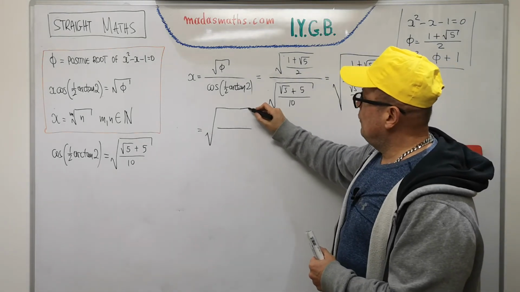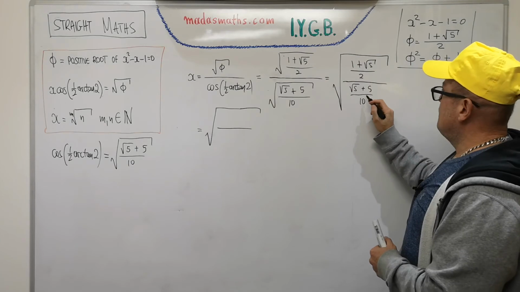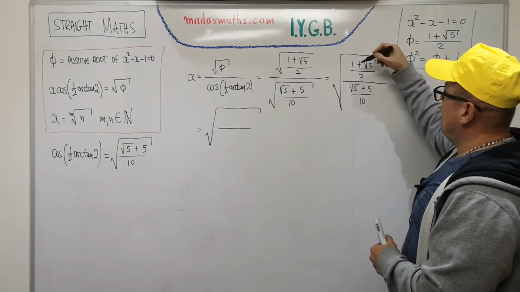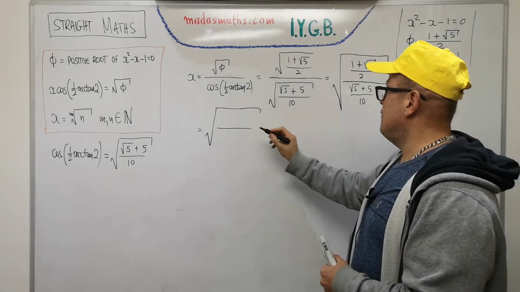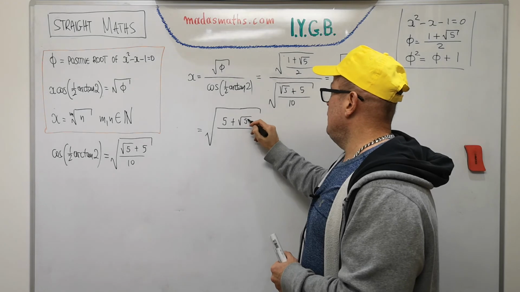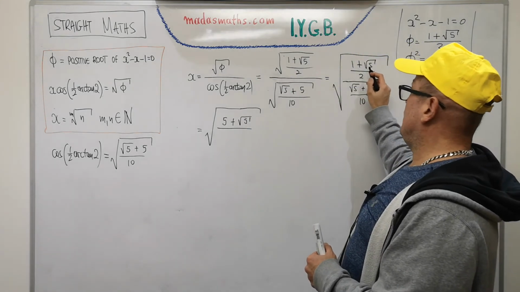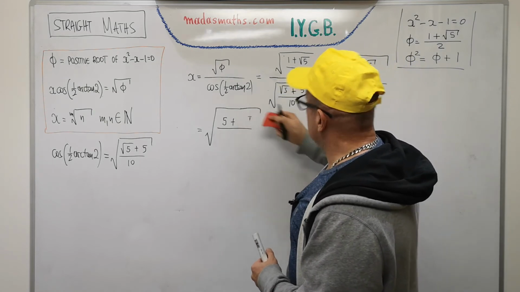But now inside the square root, if we times top and bottom by 10, the denominator will be just root 5 plus 5, but if we times this by 10, it's going to make this 5 times larger. So we're going to have 5 plus the square root of 5 on the top. Sorry, it's not that. Made a mistake in there.